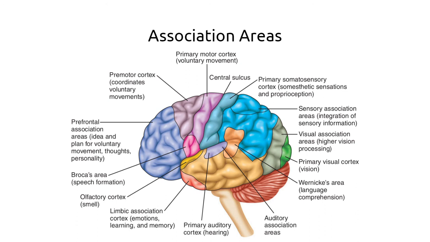And then we're also going to have these limbic association areas, which seem to have difficulties with associating emotion and memory. Extreme phobias are going to come up in those sorts of areas.